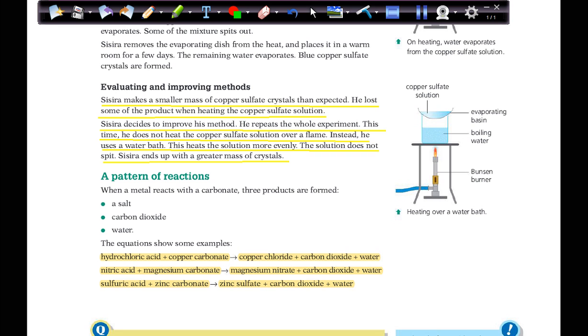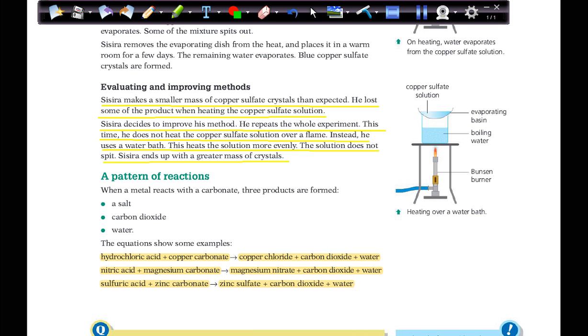After this, when the reaction happened, he measured the amount of the salt, which is copper sulfate crystals. If he found a low value, that means he lost some of it. So each time you have to make your quantities known. You cannot work with unknown measurements. You have to measure everything before the experiment and after the experiment.